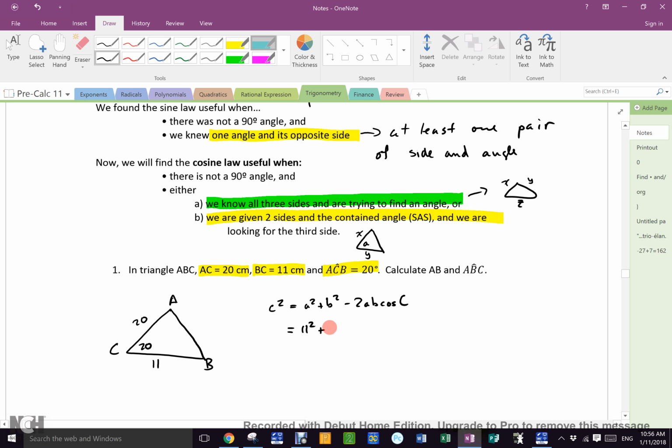What is b squared? 20 squared minus 2 times 11 times 20 times cos 20. 121 plus 400 minus 440 cos 20. 521 minus 440 cos 20.